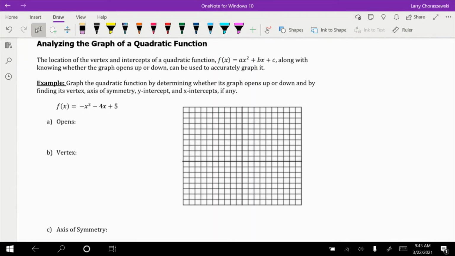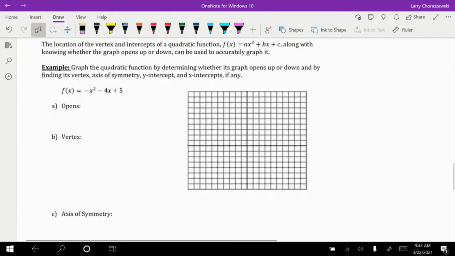And this is a skill that we'll be doing with polynomials in chapter 5 and more intricate functions, if you will. Basically, we apply all of our algebra skills to figure out information about a graph, and when we translate that into the coordinate plane, we get a pretty darn accurate sketch of a function.